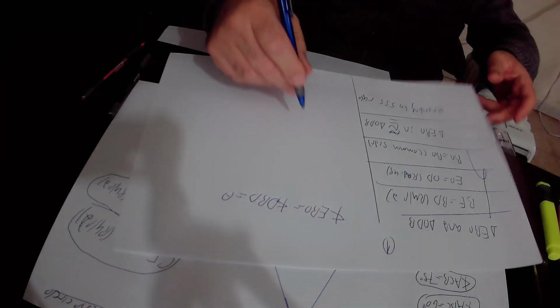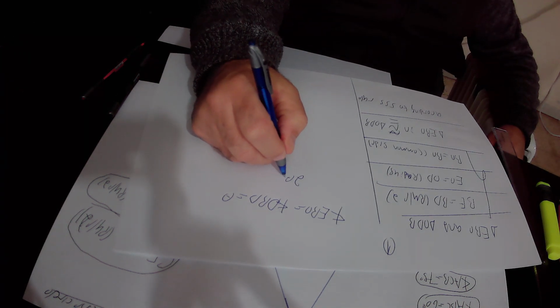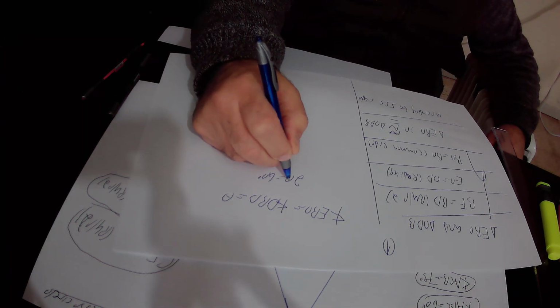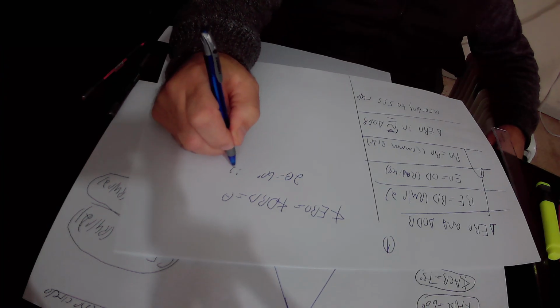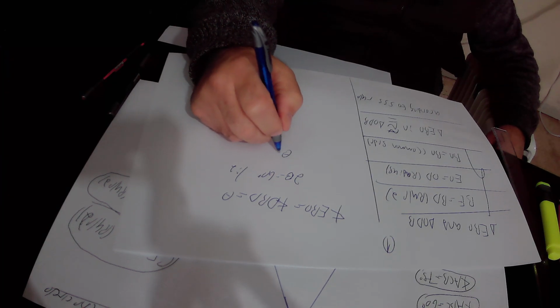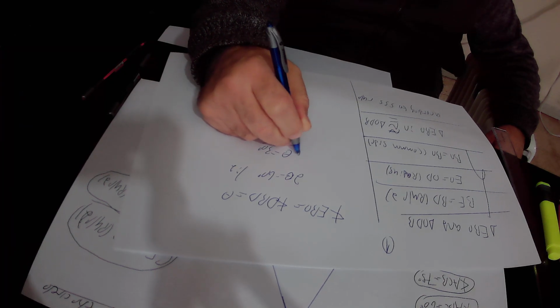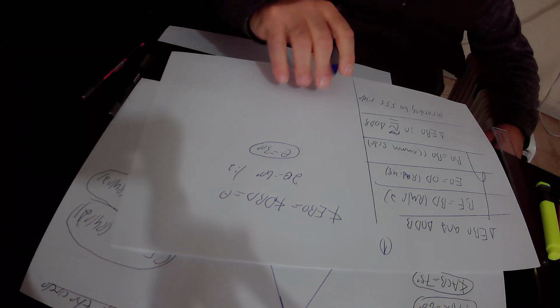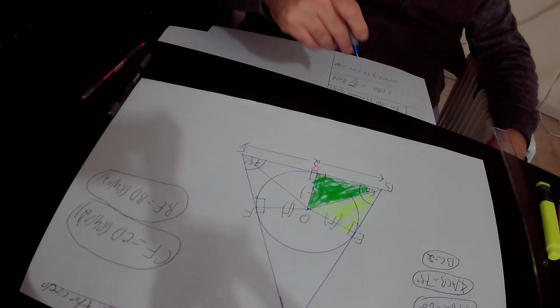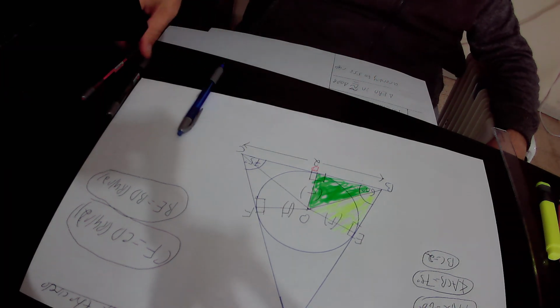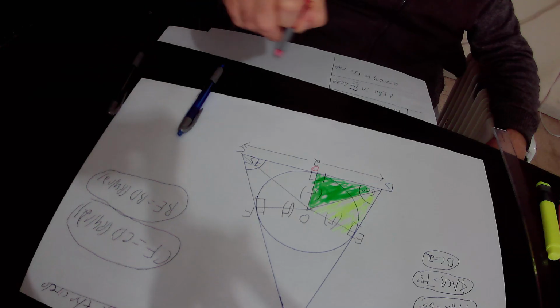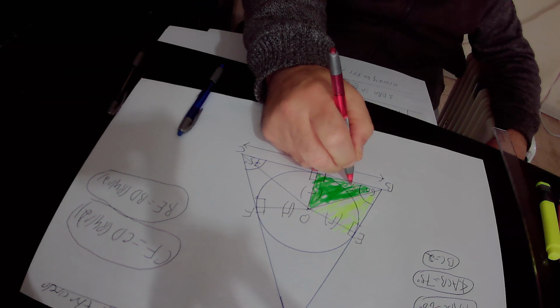So 2 theta equals 60 degrees. We divide this equation by 2 and we get that angle theta equals 60 over 2, that is 30 degrees. So this is angle theta, that equals 30 degrees in its size.